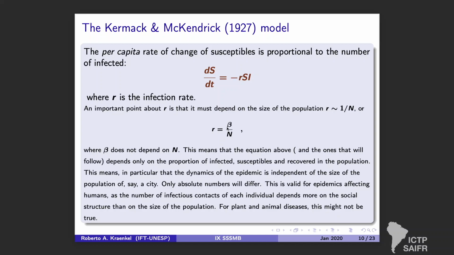And so, what does it mean? Is it very different to have an epidemic, say, in São Paulo and in Campinas? Not so much. The total numbers of people infected or diseased depend on the size of the population.